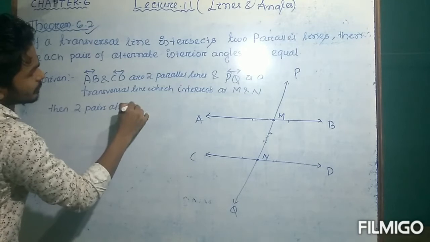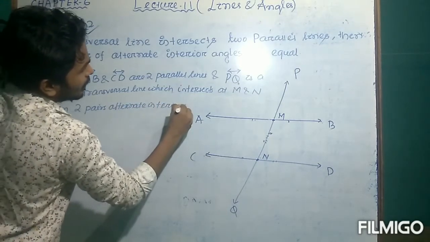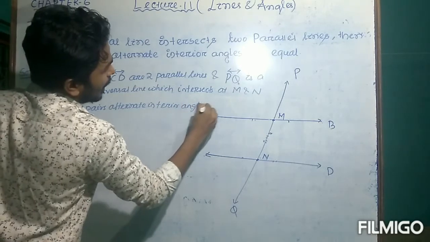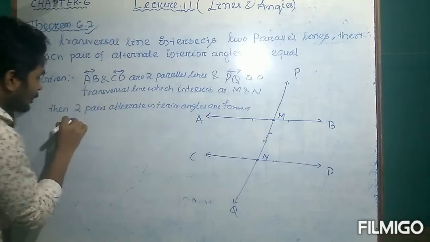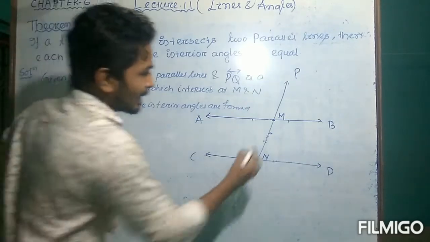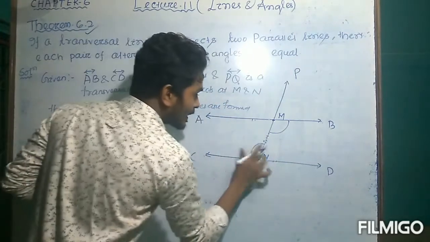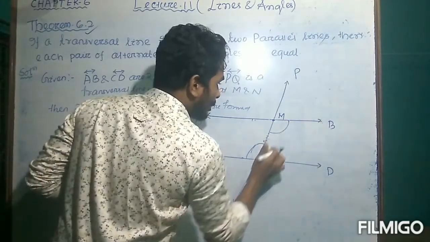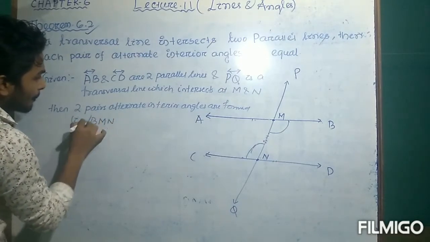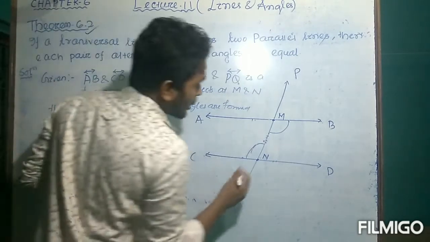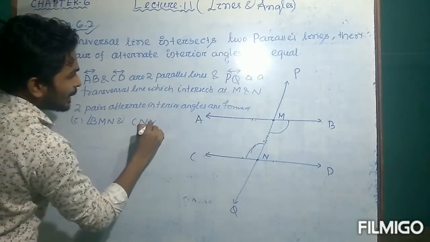So two pairs of alternate interior angles are formed. Then what are they? The first pair is, as I have told you, this angle and this angle: BMN and CNM.